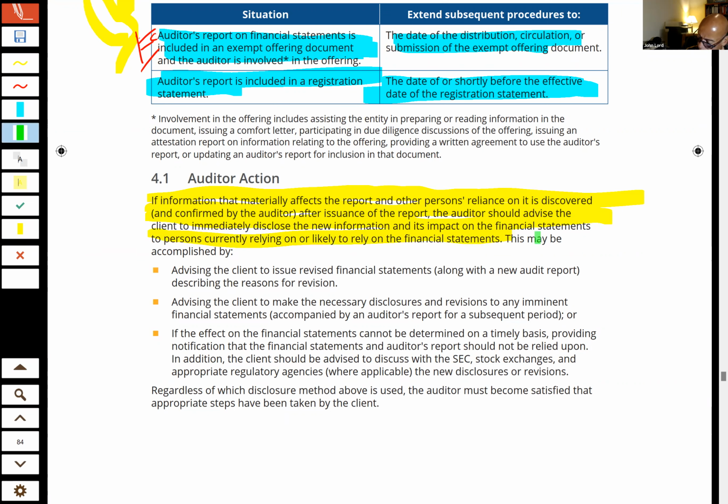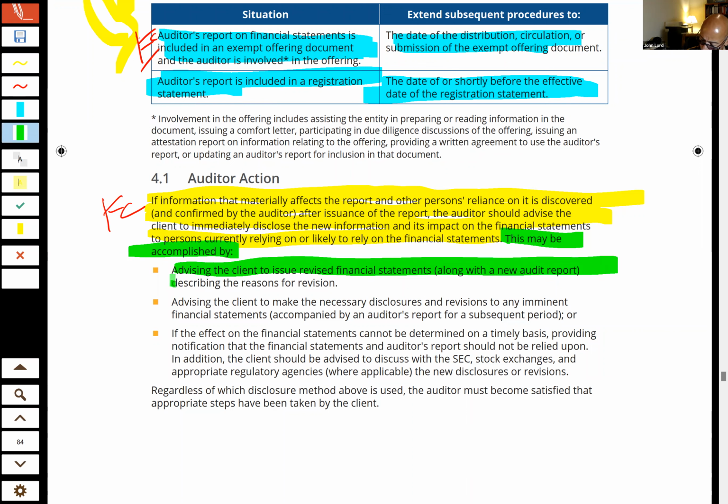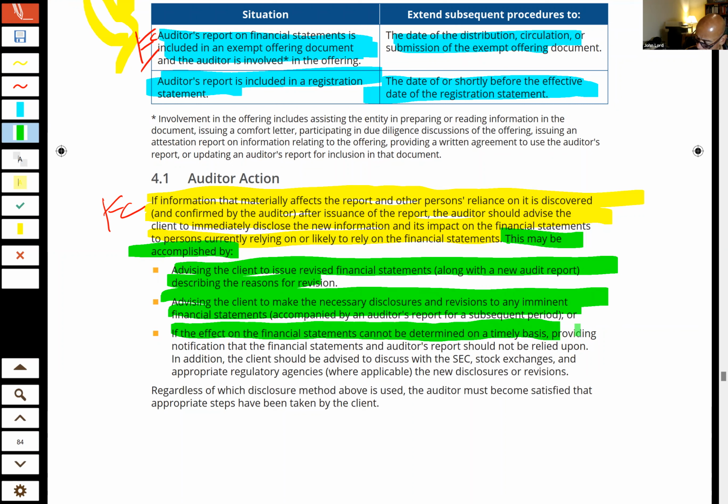This may be accomplished by, okay, so flashcard that whole requirement, advising the client to issue revised statements and make necessary disclosures. If the effect on the financial statements cannot be determined on a timely basis, provide notification that the financial statements and the auditor's report should not be relied upon.